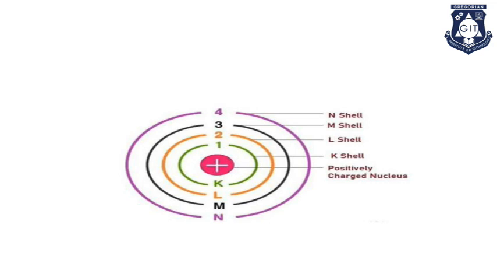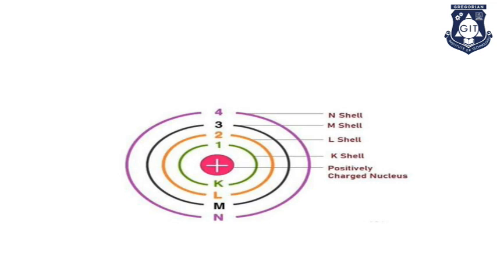The third shell in violet color is the M shell with principal quantum number which equals 3. And the fourth shell, that purple colored orbit, that is the N shell with principal quantum number n is equal to 4. There are certain merits and demerits for Bohr atom model.